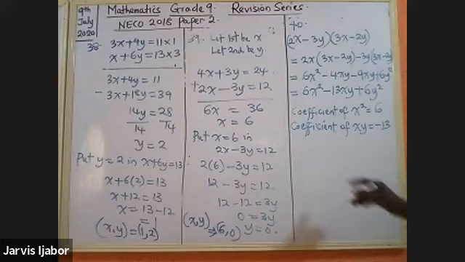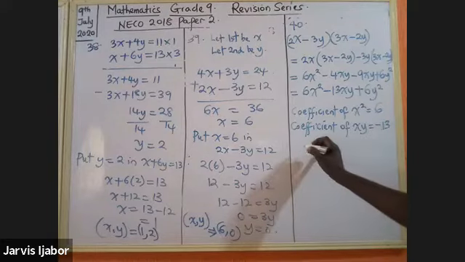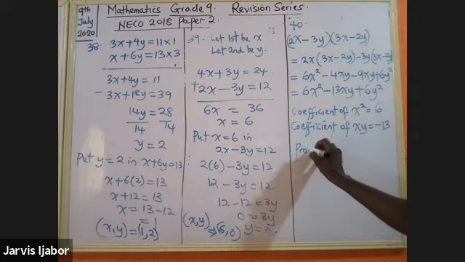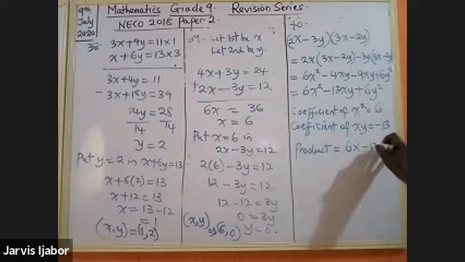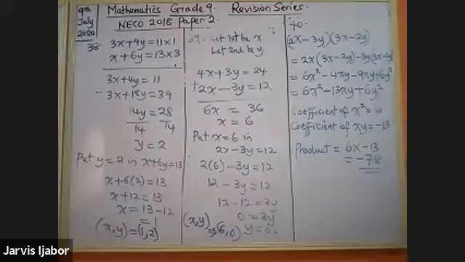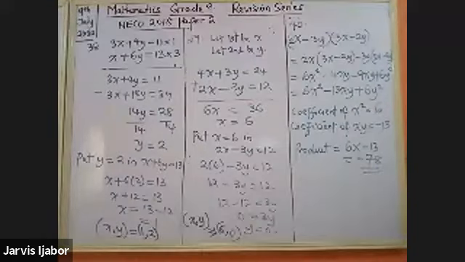Minus 13. So the product will be equal to 6 times minus 13, and that is minus 78. So the answer is minus 78. That's for question 40.